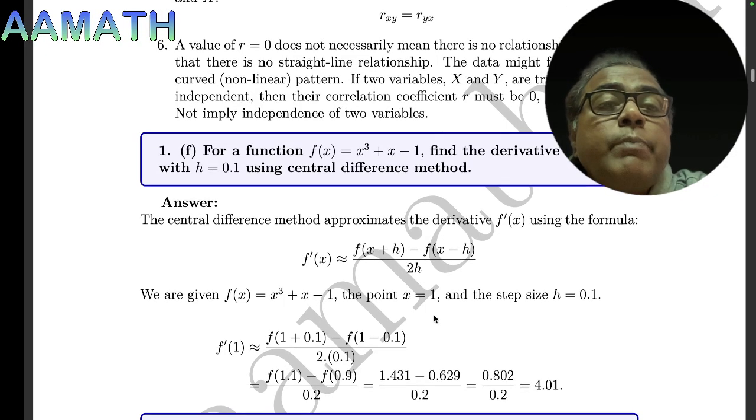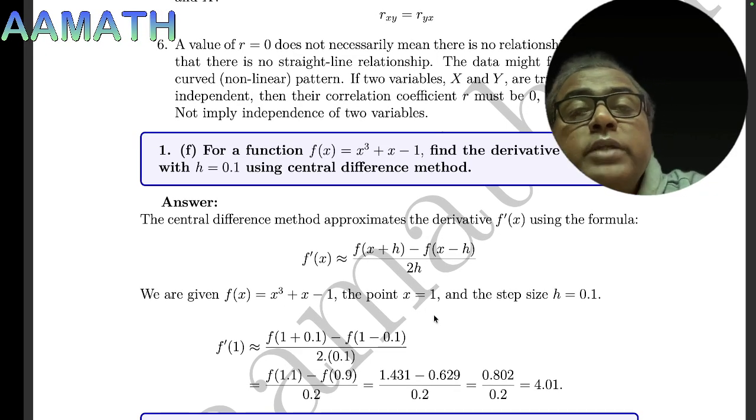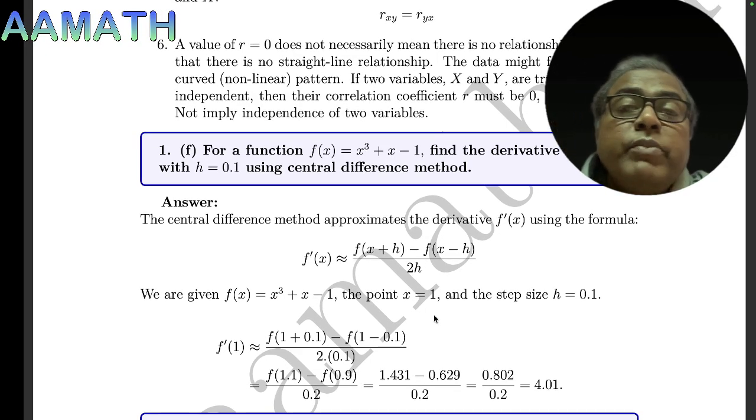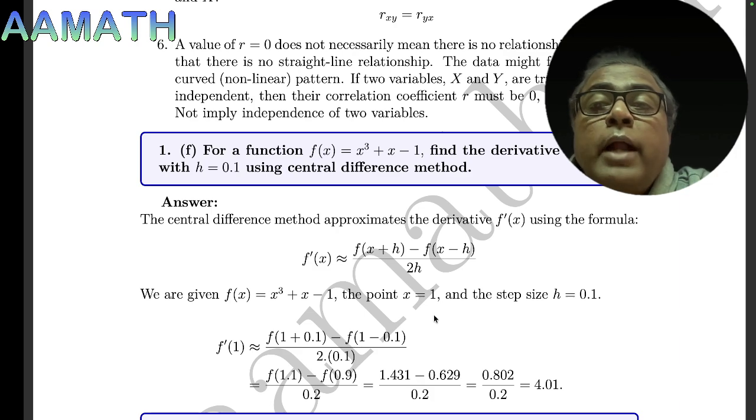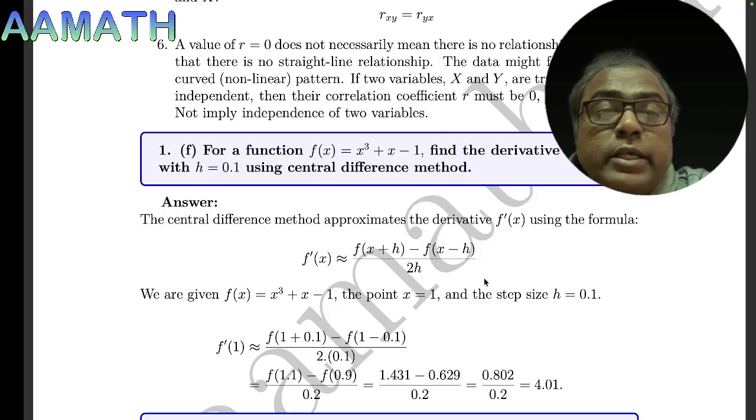Next, question 1f. For a function f(x) equal to x cubed plus x minus 1, find the derivative at x equal to 1 with h equal to 0.1 using the central difference method. The formula is f'(x) is approximately equal to [f(x plus h) minus f(x minus h)] divided by 2h.